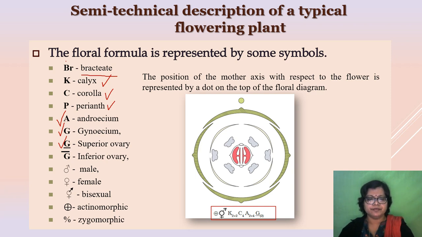In case of an inferior ovary, the ovary is present at the bottom and the other whorls are present above it. So in case of an inferior ovary, a line has to be drawn above the G, and in case of a superior ovary, a seat has to be given to the ovary, so the line is drawn below the G.